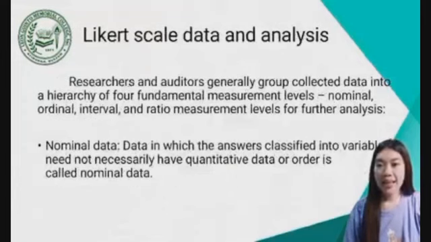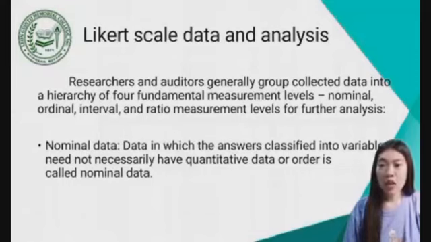Likert scale data and analysis. Researchers and auditors generally group collected data into a hierarchy of four fundamental measurement levels: nominal, ordinal, interval, and ratio measurement levels for further analysis. Nominal data.